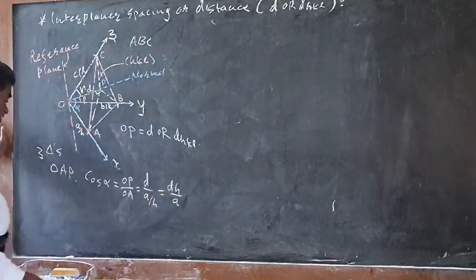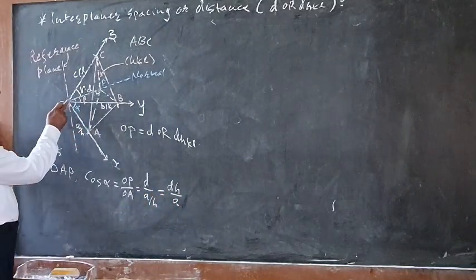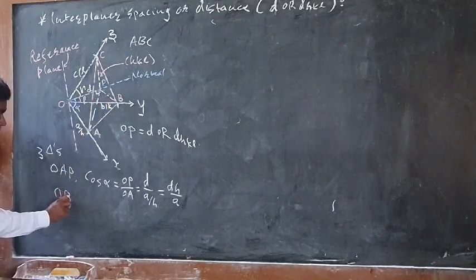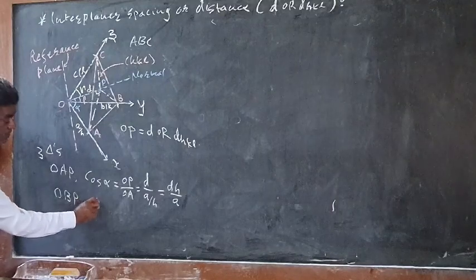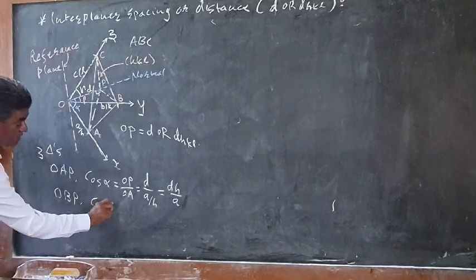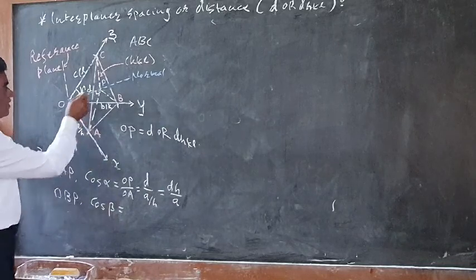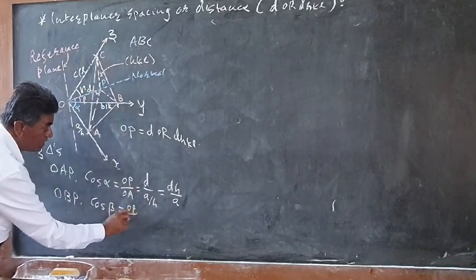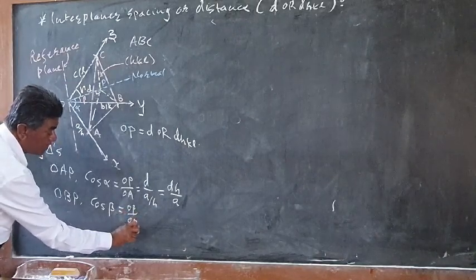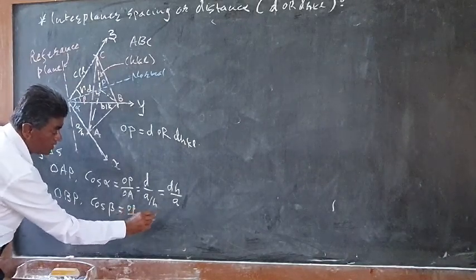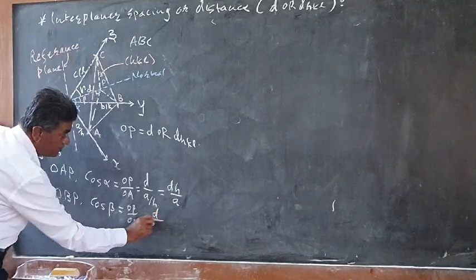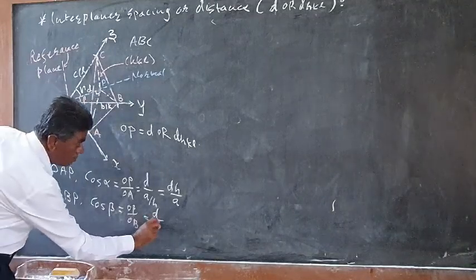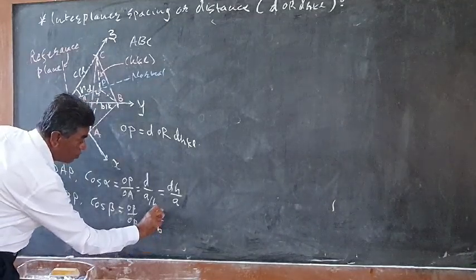Similarly, from the right angle triangle OPB, we can write cos beta equal to OP divided by OB, where OP is d and OB is b by k, and k goes to the upper side.